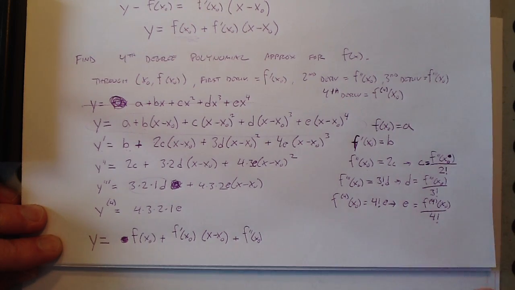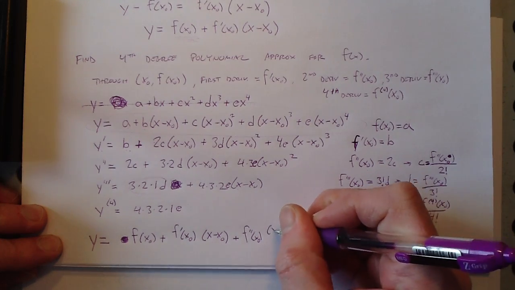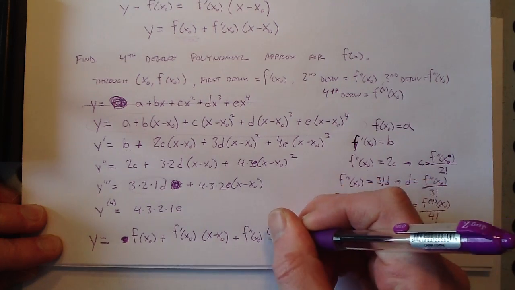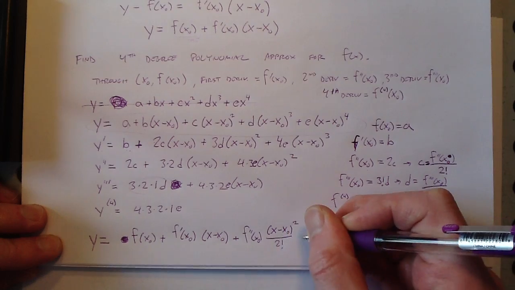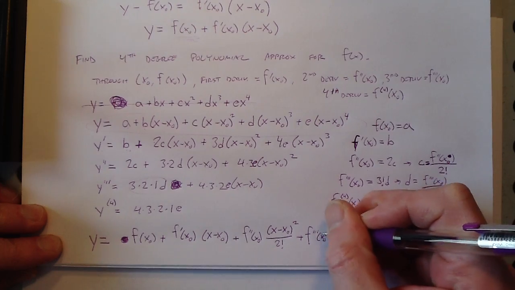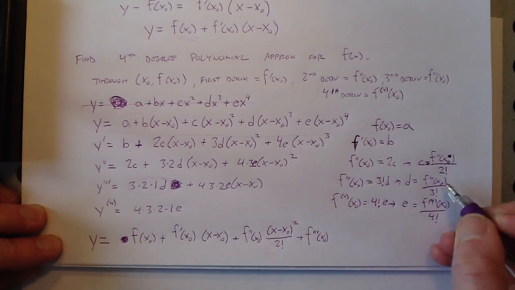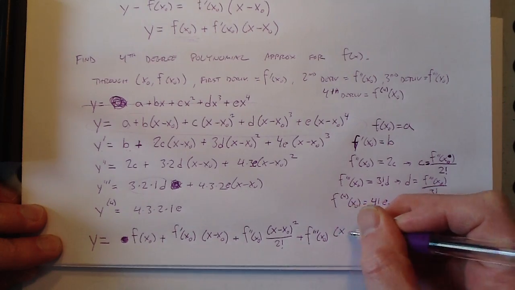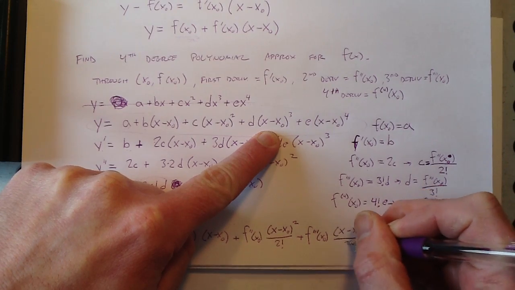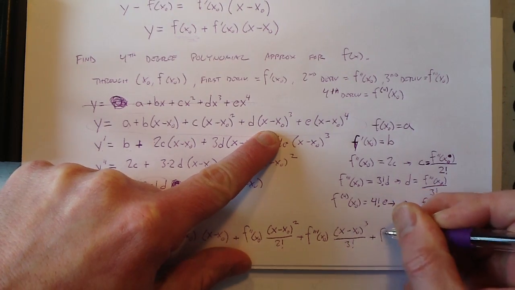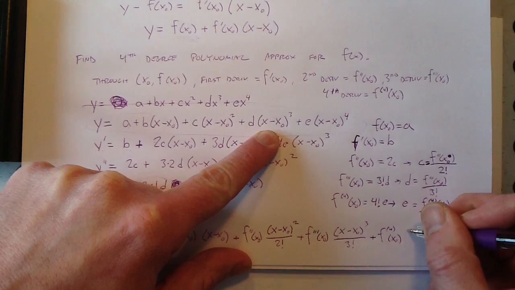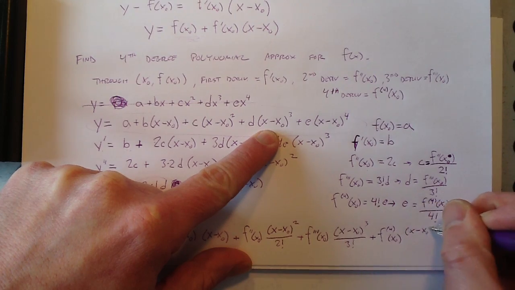Just 2 times 1, times x minus x sub 0 squared over 2 factorial plus the third derivative times x minus x sub 0 cubed over 3 factorial plus the fourth derivative. You can see the pattern here. Once we do this one time, we just need to remember how the pattern works. We'll be all set.